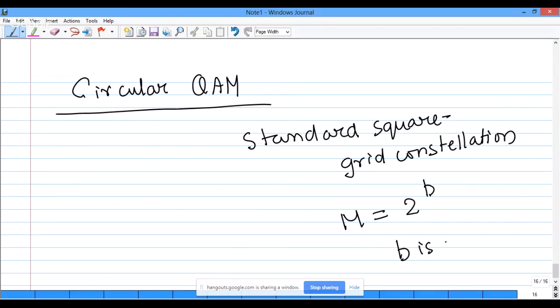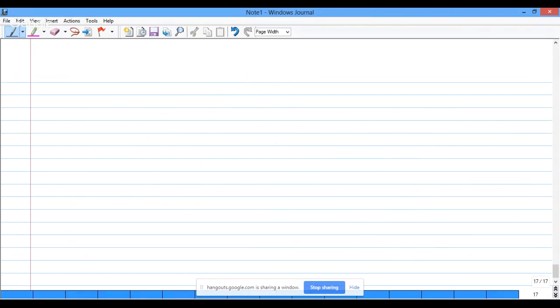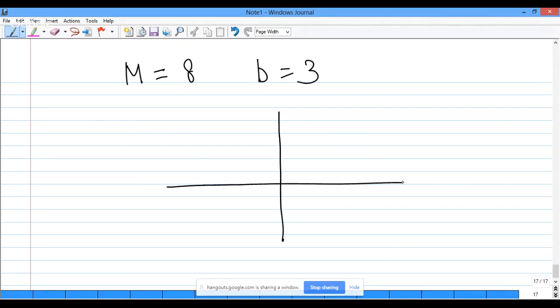If B is odd, then these square or rectangular grid constellations are not optimal, and we have to resort to what is known as a cross constellation, or constellations which are not square grid. For example, when M is 8, that means B is 3, the rectangular constellation is not optimal, and we need a somewhat more complicated constellation. One example is this constellation.